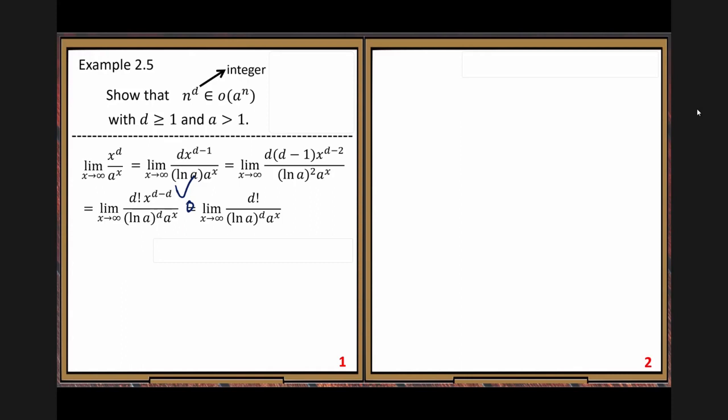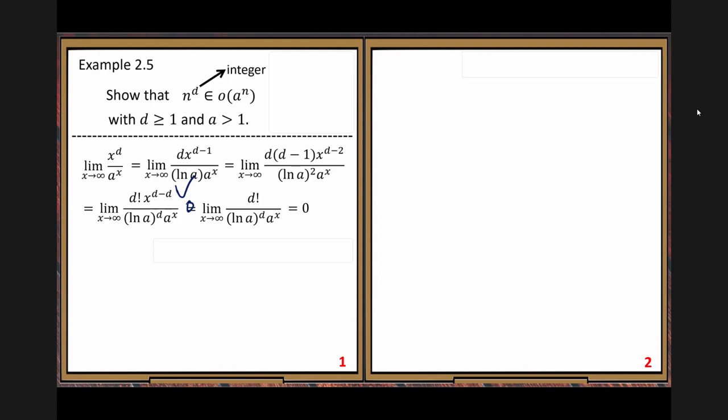These two constants, whatever the number is, are fixed. They cannot change. Then the exponential function in the denominator, a to the x, where x goes to infinity, goes to infinity. So the denominator goes to infinity, the numerator is a fixed number, so the whole fraction's limit is 0.